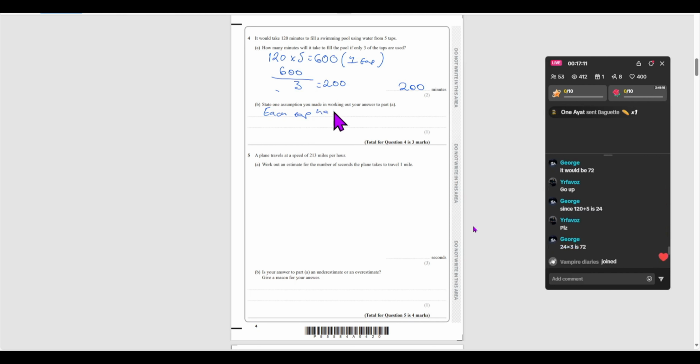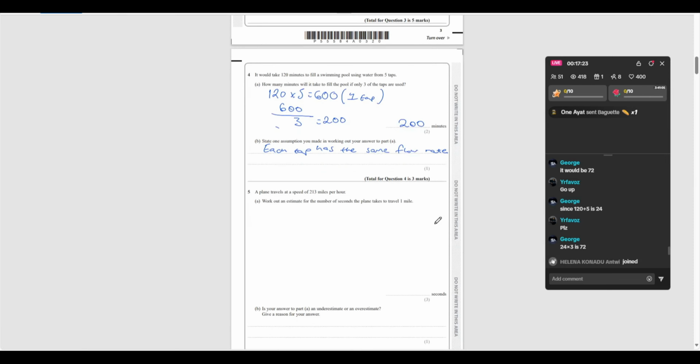Okay? Just like that. Each tap will have the same flow rate, and that will be our assumption.